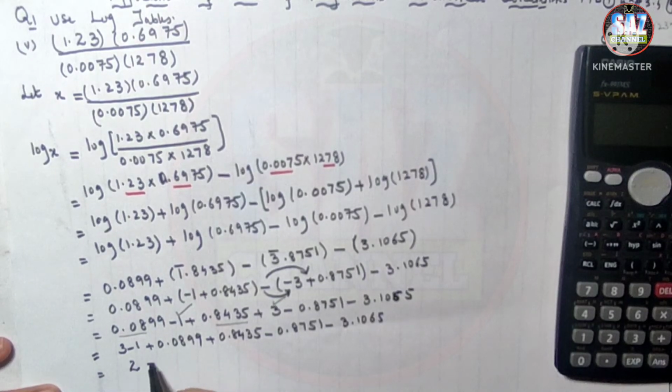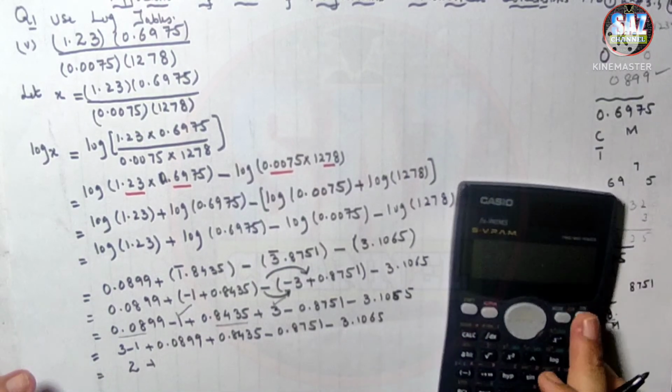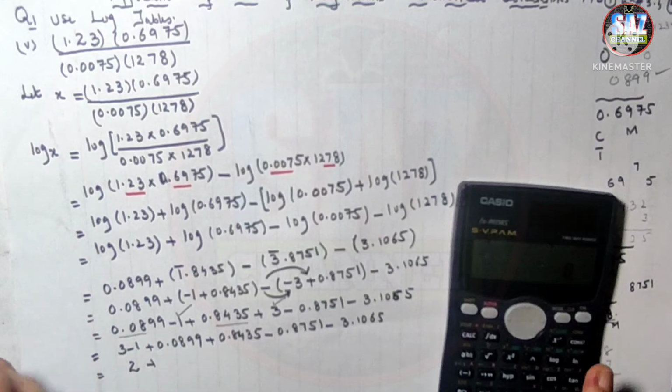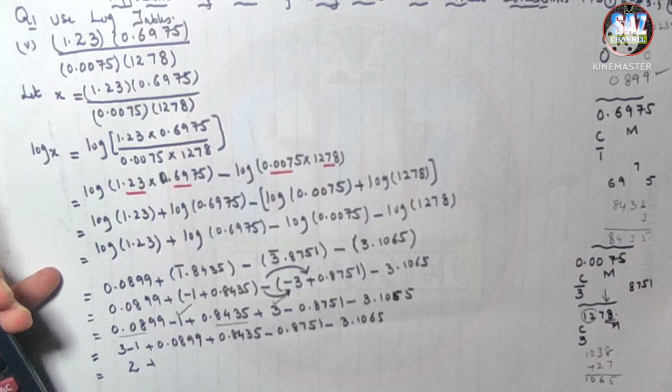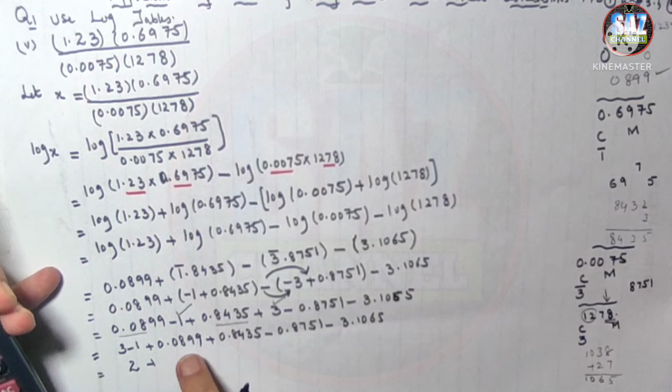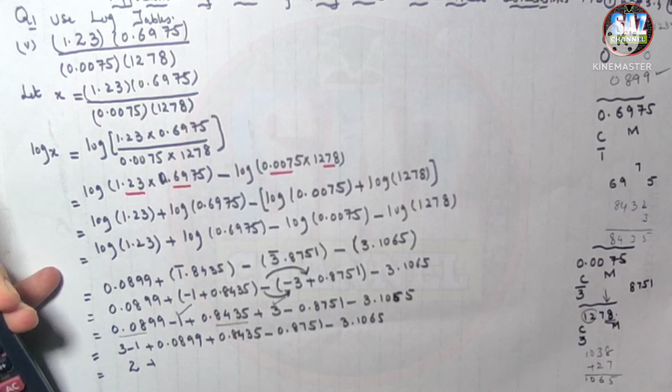okay, plus 0.08. Let me hold the calculator. Okay, 0.0899 plus 0.8435.